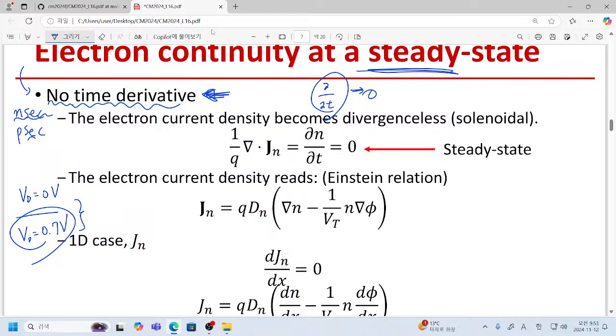For example, if your oscilloscope is really fast, so if you can measure the time variance of your electronic system within picosecond scale, then maybe you can see the changeover.